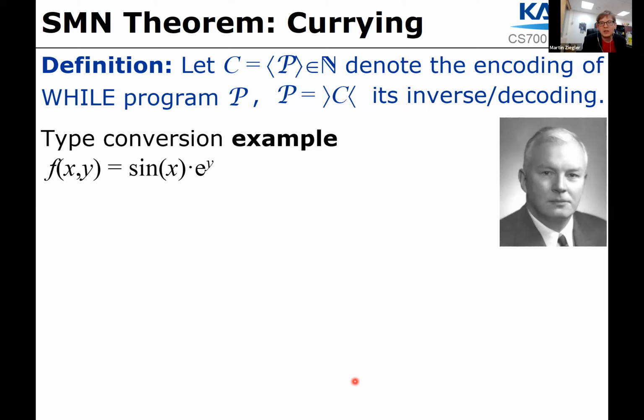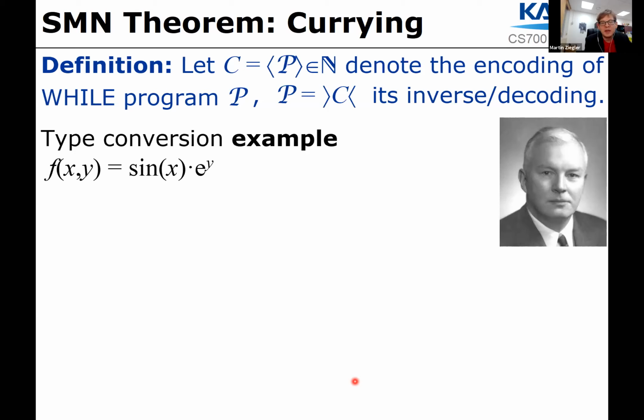And currying, to illustrate this concept, recall, for instance, from classical calculus, the function of two variables. Here you see a function of a real variable x and of another real variable y. And there are different ways of looking at such a function of two variables.